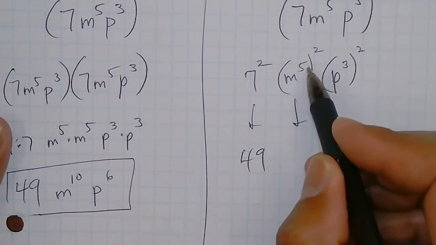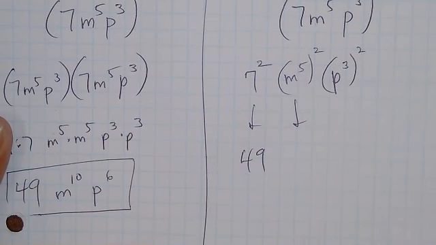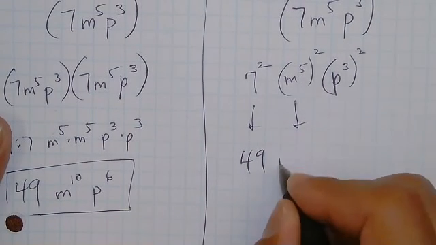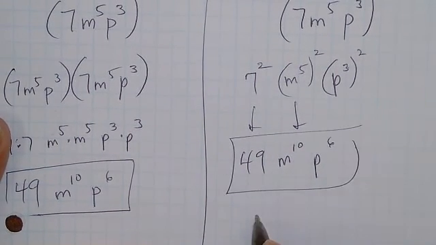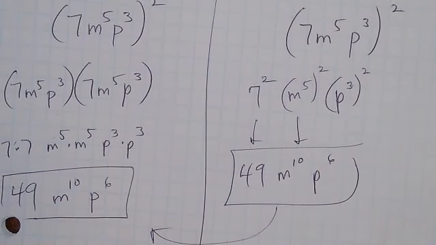And yep, you're going to get what? 49. This is when you multiply, when it's an exponent or a power raised to another power. 5 times 2, yep, 10. 3 times 2, 6. Yep, we got the same answer.